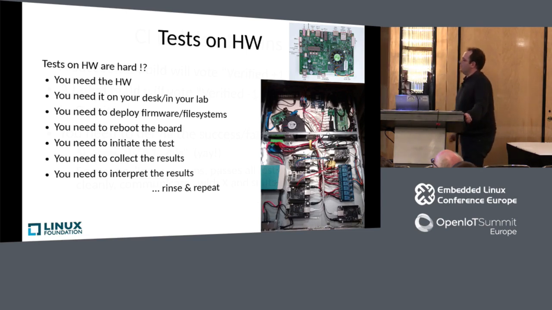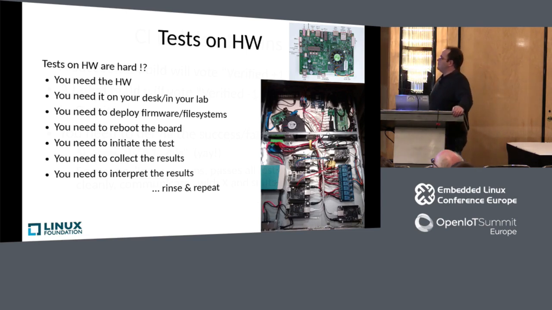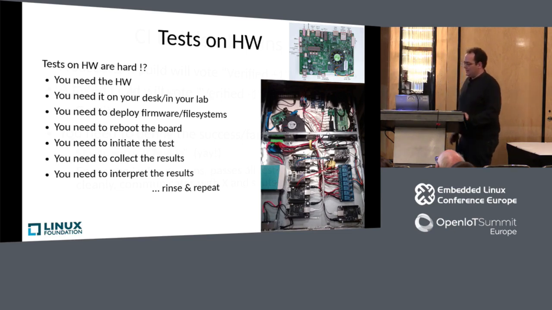Here you see an example that's set up with 6 BeagleBones, actually. And they can all be powered. They get their file system over network. So that's how we can automate that in the end.